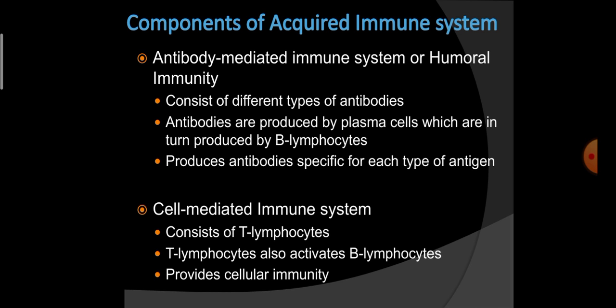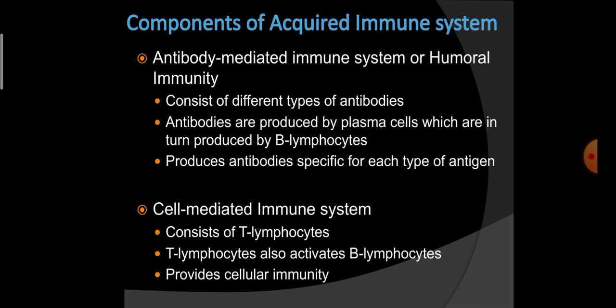So both humoral immunity and cell mediated immunity work side by side, but they are different components. Humoral deals with antibody production, and cell mediated means cells work in the process, providing cellular immunity against the pathogens.